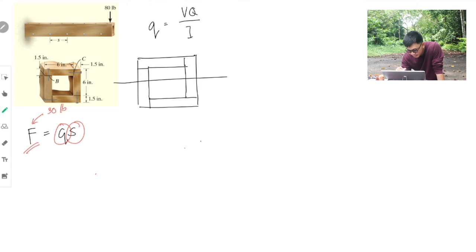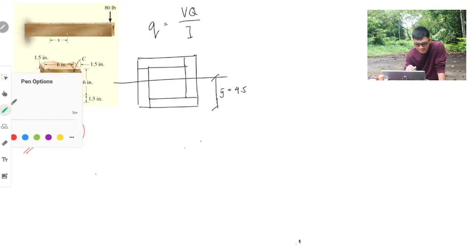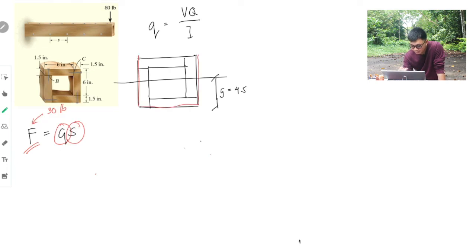So therefore, your y bar is equal to, how much is that, 3 plus 1.5. So 4.5. Okay. So let's look for the I, for the moment of inertia. Your moment of inertia, what we will do now is the big square minus the moment of inertia of the small square.